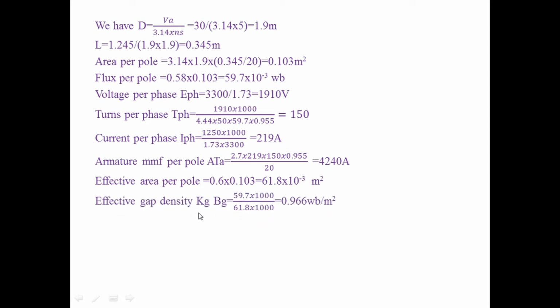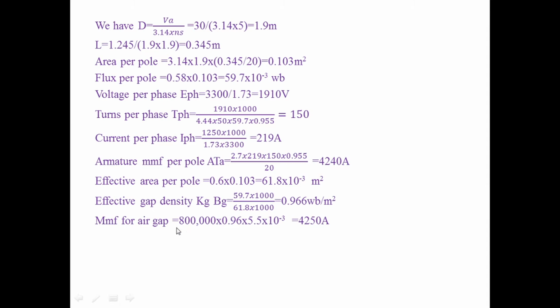So effective gap density, that is kg into bg, equal to 59.7 into 10 to the power minus 3, taken in the numerator and divided by effective area per pole, 61.8 into 10 to the power minus 3. So we will be getting 0.966 Weber per meter square.